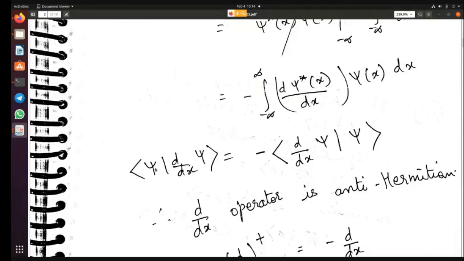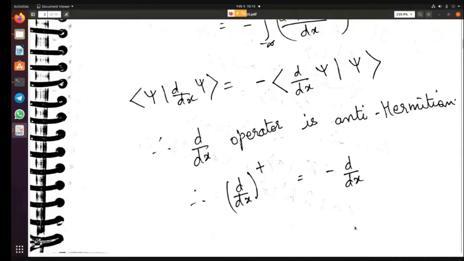But if you apply it to the other side, it becomes minus d by dx when you take it inside. So d by dx dagger is equal to minus d by dx. If it was Hermitian, you would have d by dx dagger equal to d by dx, with no sign change. But because a sign change happens here, we say that it is anti-Hermitian. This part remains the same, but there is a sign change. That's why it is anti-Hermitian.